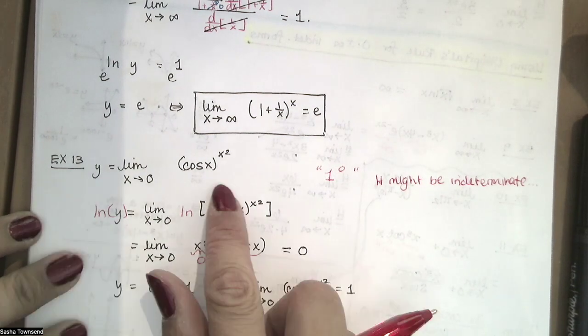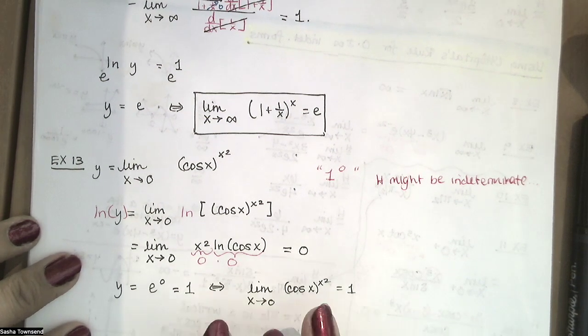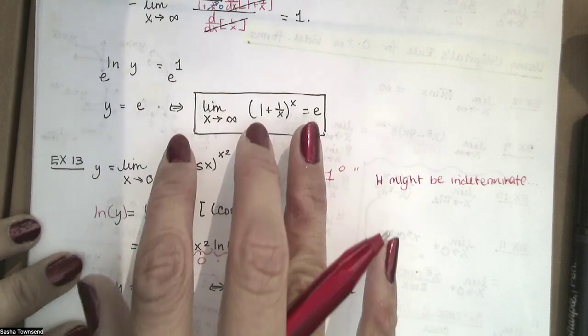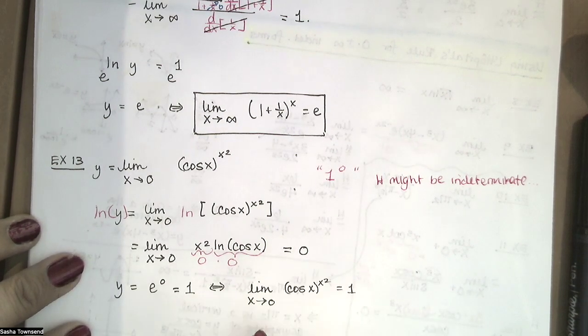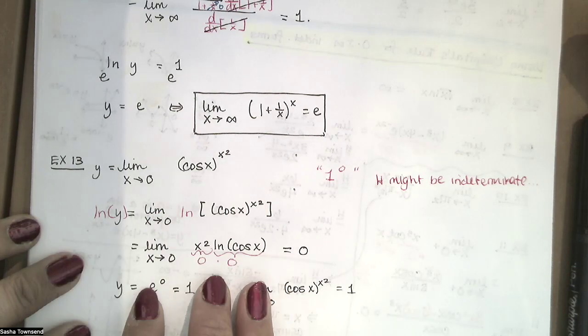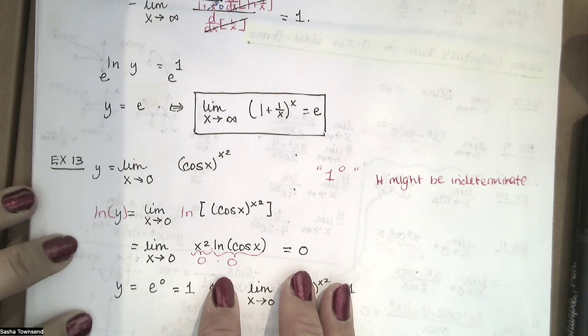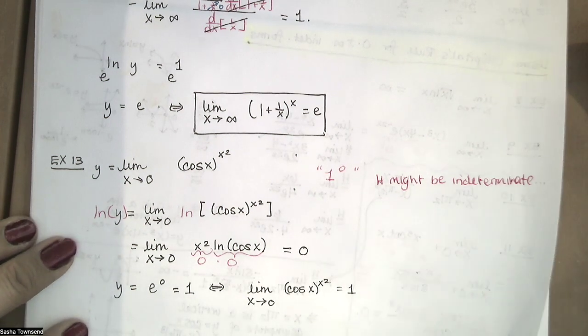So just to play it safe, I took the log of both sides so that I could evaluate the limit of the product, and it's basically the same technique here. There's nothing wrong with using this technique in this case. It's just something that we could do so that it would allow us to find the limit. So I applied that here, even though this might not even be an indeterminate form.